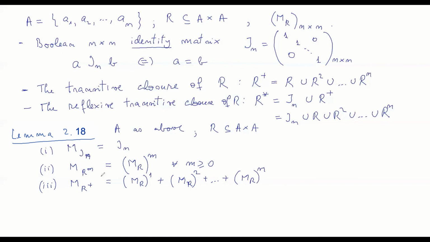And so remember, R plus was defined as the union of all these powers of relation R from 1 to n, and the result is saying this is going to be true also in terms of matrices. The matrix corresponding to this is a sum of these powers of the basic matrix MR. And finally, this should be no surprise now, the matrix corresponding to the reflexive transitive closure, R star, is in fact IN plus the matrix MR to power 1 plus the matrix MR to power 2 and all the way to the nth power of this matrix.